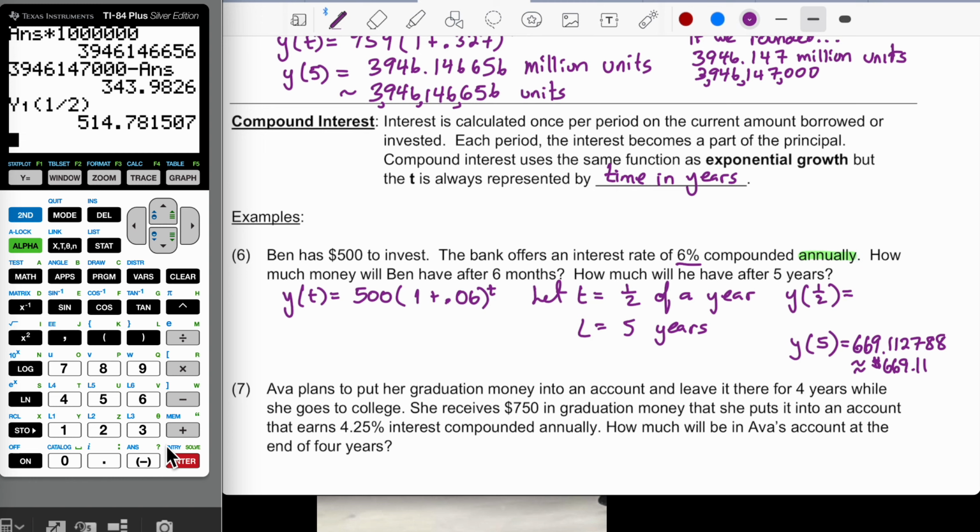Now, most of us are not really at the point where we're overly familiar with what interest rates are nowadays, but if you are, you might recognize 6% as being an absurdly high interest rate. The actual interest rates nowadays are closer to 1%.